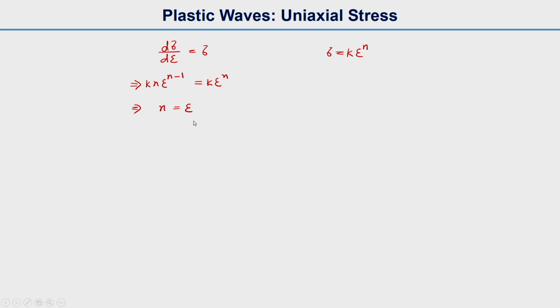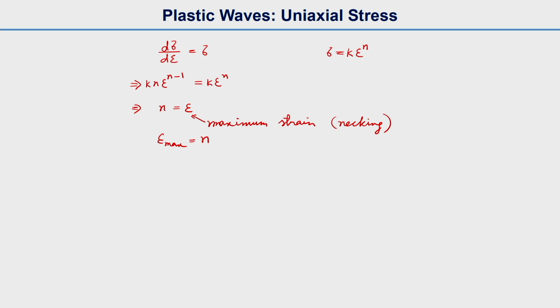So, basically this epsilon is the maximum strain related to necking, or otherwise we can write epsilon maximum is equal to n.